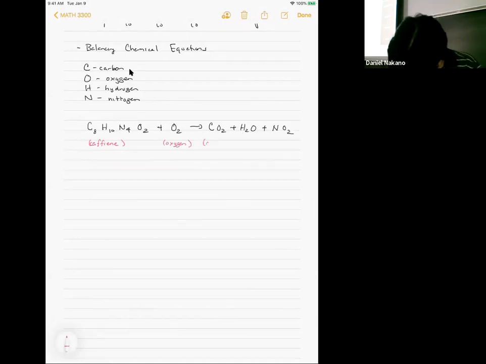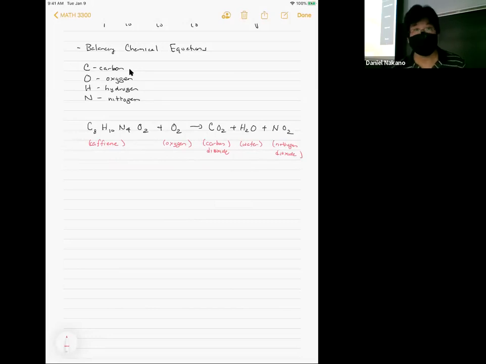And I get carbon dioxide. That's the CO2. And this is water, H2O. And this is nitrogen dioxide.